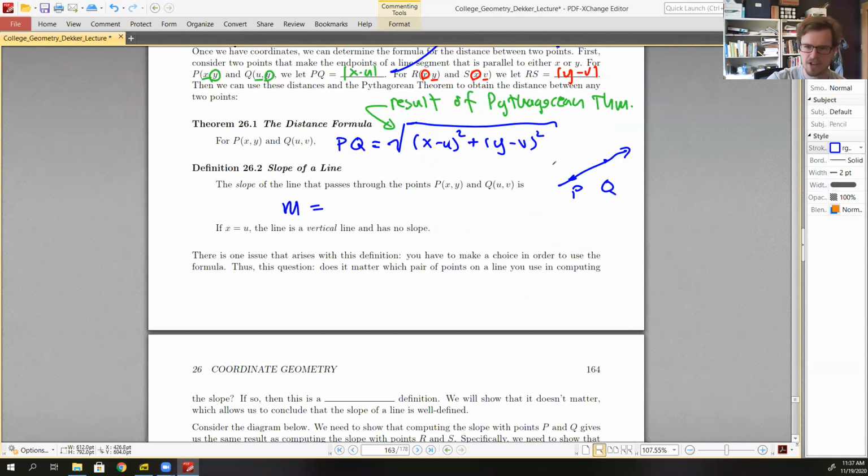It's given by the change in height, so y minus v, divided by the change in horizontal position, so x minus u. It is important that we keep the correct order here, y minus v and x minus u. Order is important there.